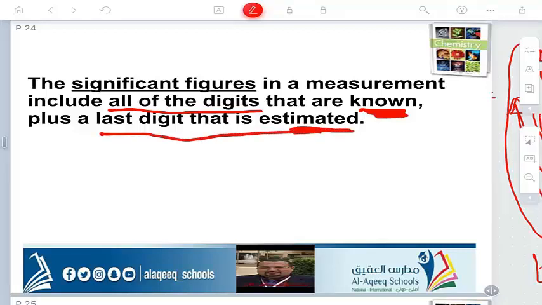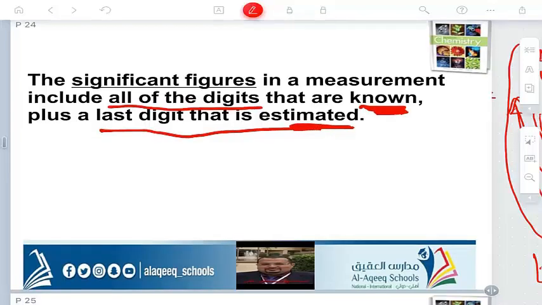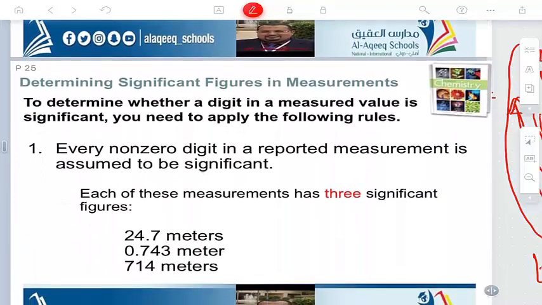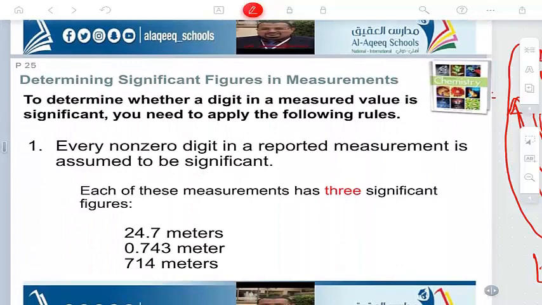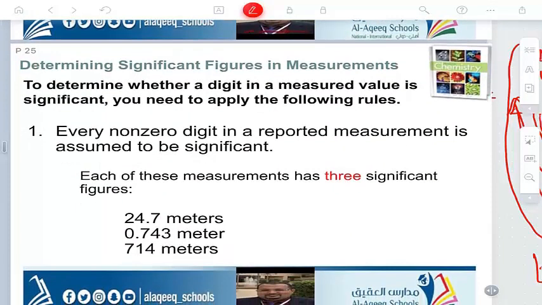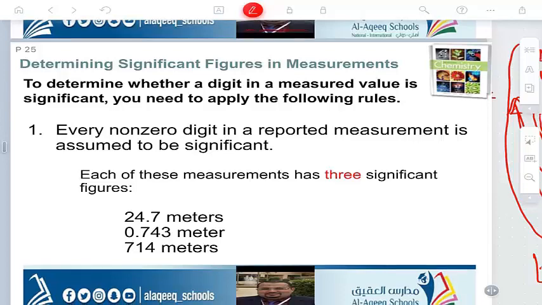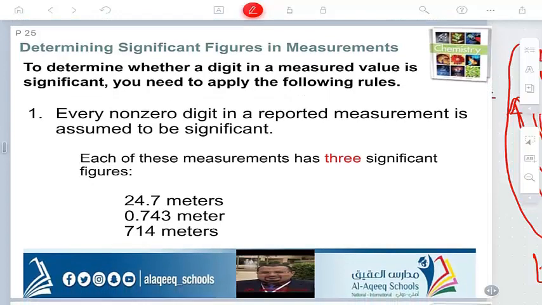We don't understand 100%, so we need some examples. Let's determine the significant figures for some measurements. But we have rules. You have to know the rules to identify how many significant figures you have in any number.